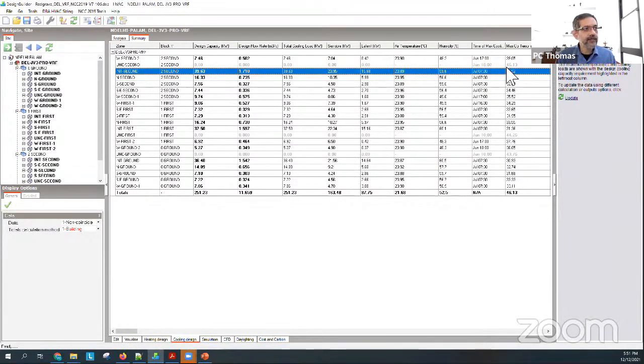Because if you think about it, these peaks are happening at different times. We call them the sum of the peaks, which is the non-coincident load here. If you want to know the size of the outside condensing unit for a VRF system, or if you're using a chilled water system, a central system, and you want to know the size of the chiller, it's actually a little bit less than this 251.